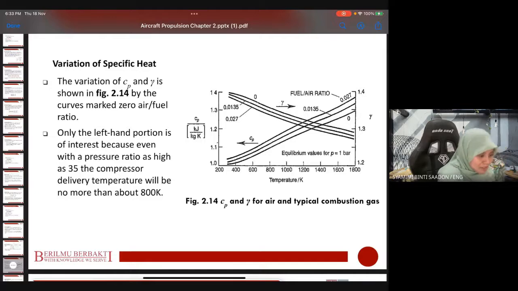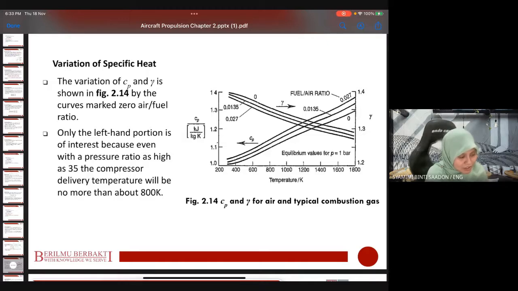Okay, so this diagram figure links Cp and gamma with the temperature. You can see if we change the temperature, a high temperature will have a higher Cp, specific heat, in kilojoule per kilogram per Kelvin, on the left-hand side, the y-axis.